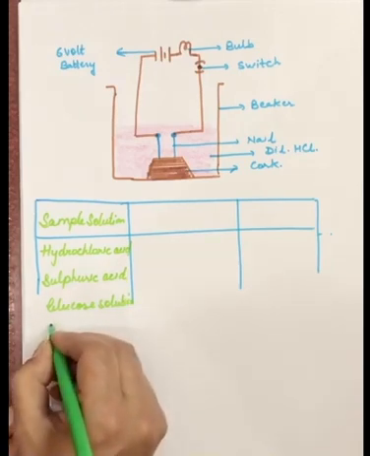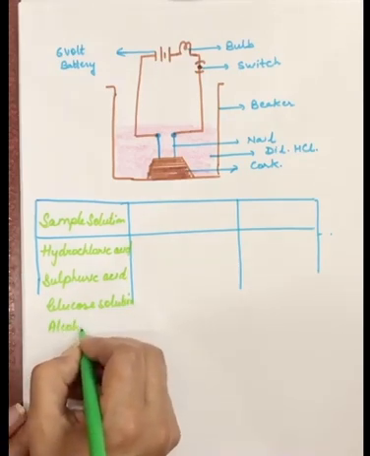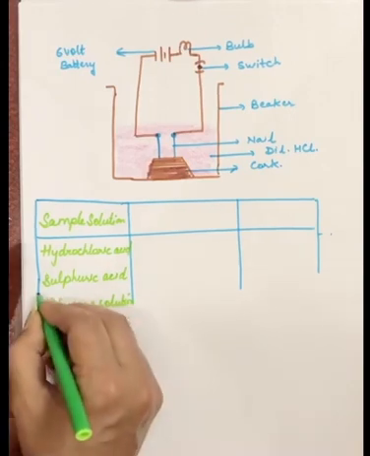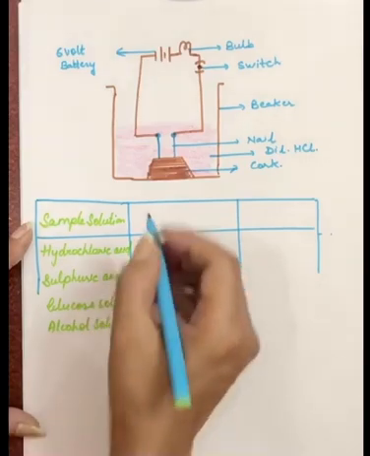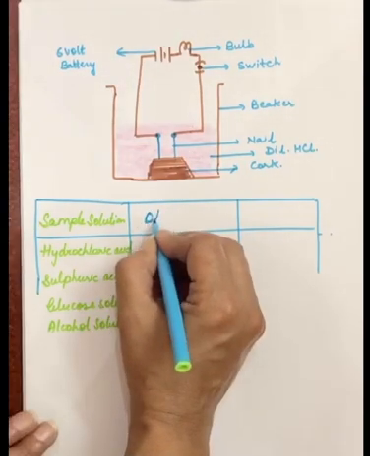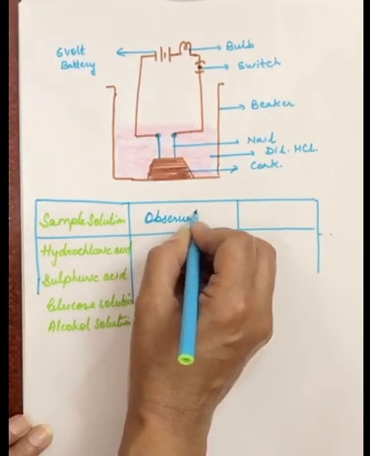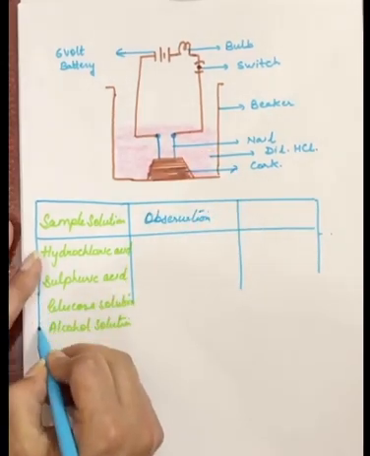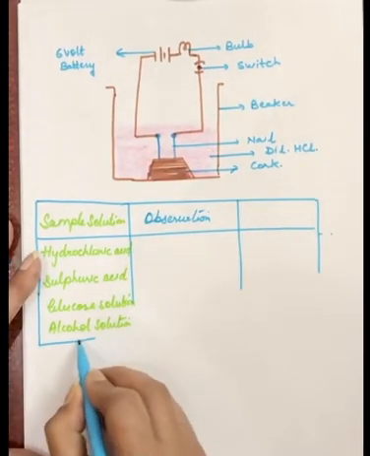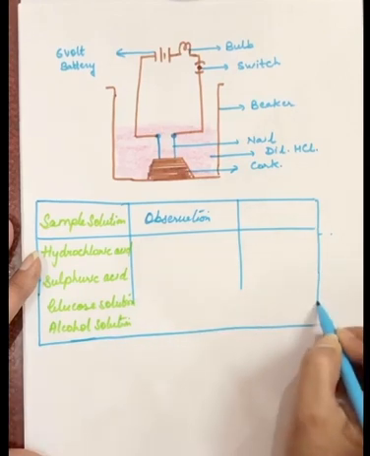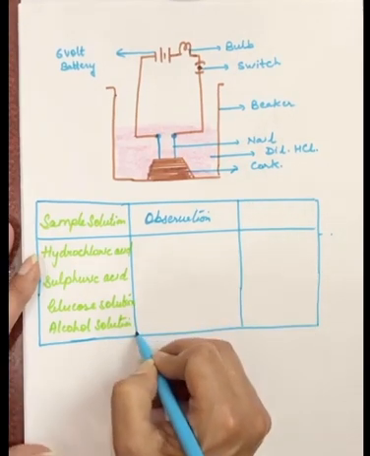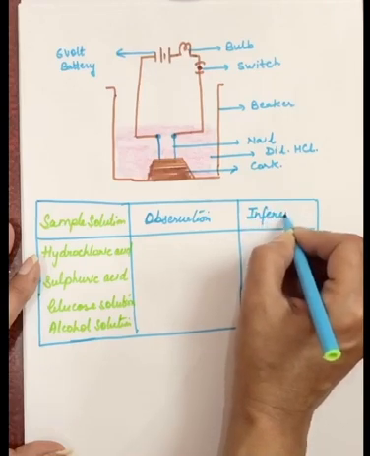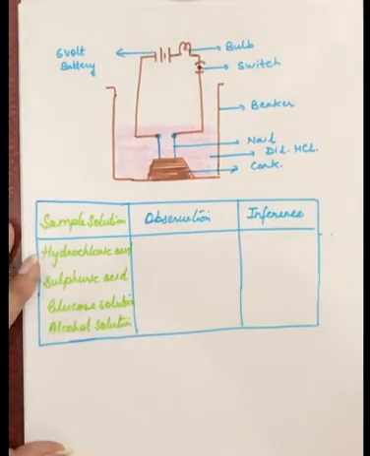And after glucose we'll fill alcohol solution. So these 4 sample solutions we are taking. Now, observation here. What we will observe when we will fill this beaker with these solutions, and then what will infer from this, what result we will make out from that observation.